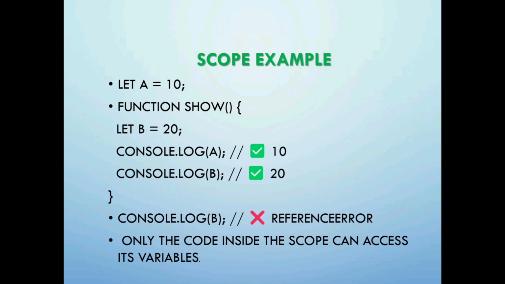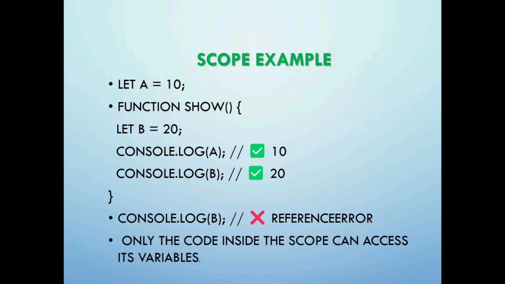Next I am printing b using console.log of b. It is a reference error, it will not print a value, so we can't access it outside of the function. Only the code inside the scope can access its variables.